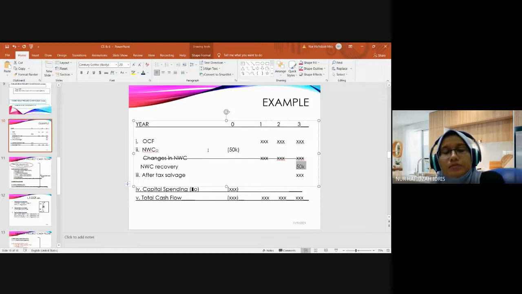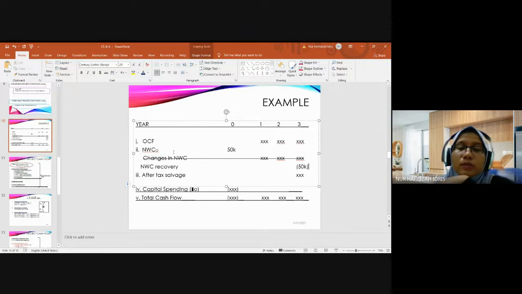Inflow. Company dapat menjimatkan 50,000, maksudnya duit akan masuk dekat poket kita. Kalau company memerlukan, kena keluar duit 50,000, maksudnya cash keluar daripada poket dia, so itu adalah negatif. So macam contoh tadi tu, company dapat jimat 50,000, so initial net working capital here will be positive 50,000. Recovery bila sini dia dapat jimatkan 50,000, at the end dekat sini dia akan jadi negatif 50,000.